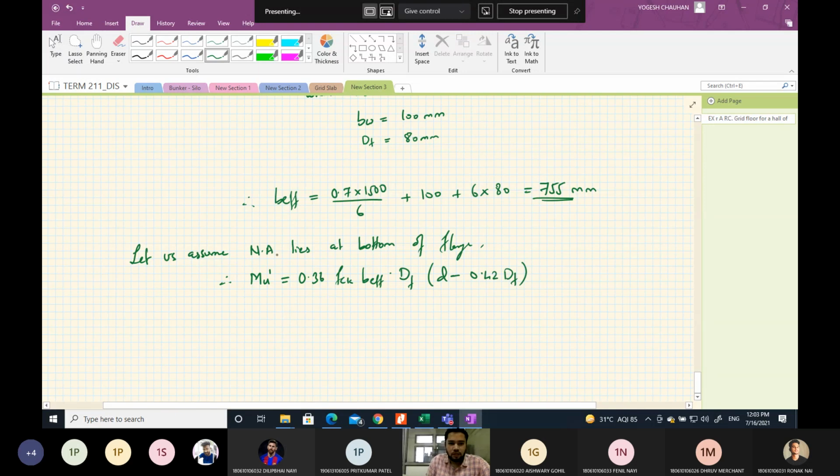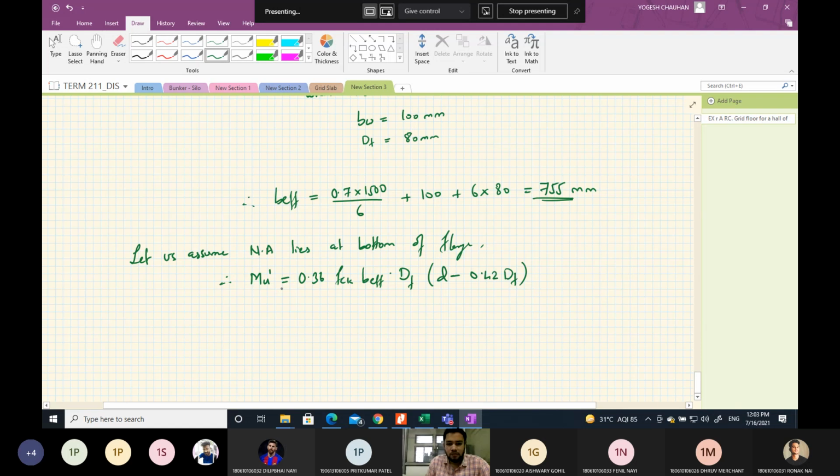What we are doing, we are assuming that the neutral axis lies at the bottom and we find the moment of resistance. And if the moment of resistance, assuming that the neutral axis is at the bottom of the flange, is more than the design moment, then that means the neutral axis lies within the flange.